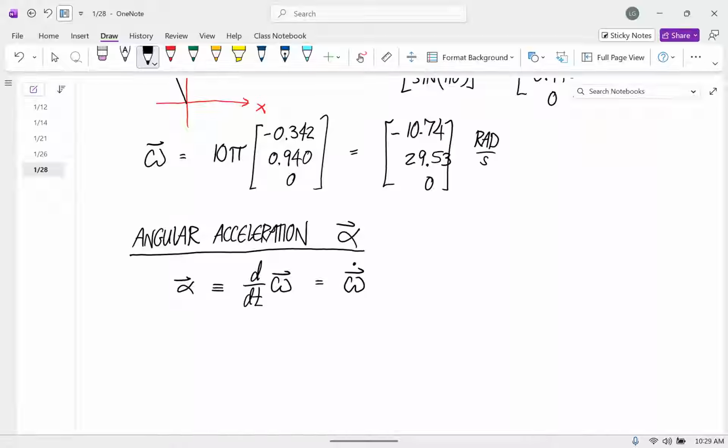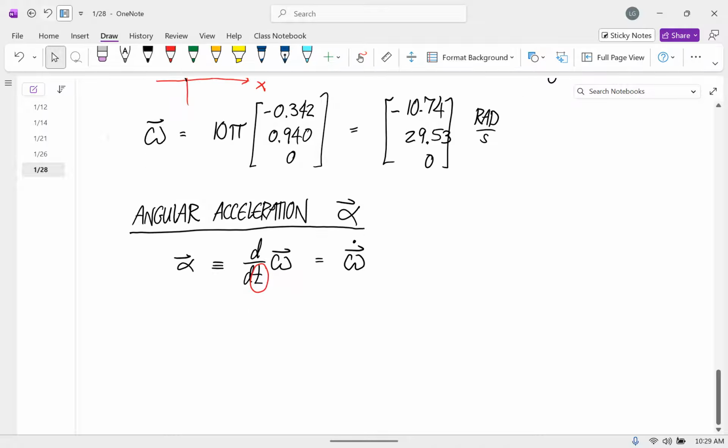And just like the relationships between acceleration, velocity, and position in translational quantities, don't think of this as just the plain derivative of the angular velocity. It has to be with respect to time, okay? You can use the chain rule on this the same way that you can with translational quantities. And there's a problem or two where you'll have to do that in this class. But it's the derivative with respect to time.